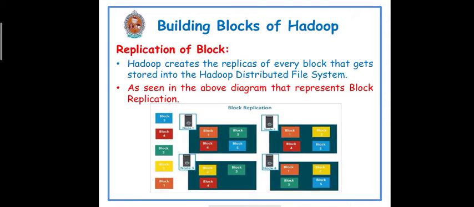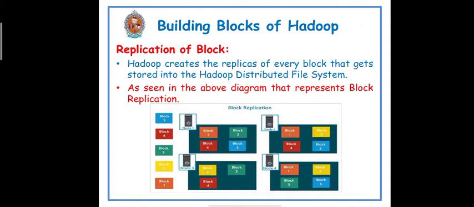Coming to replication of block, Hadoop creates replicas of every block that gets stored into the Hadoop Distributed File System, and this is how Hadoop is a fault tolerant system.